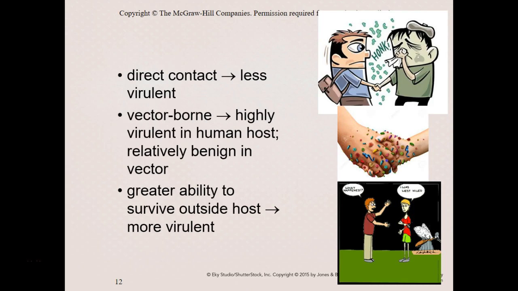Vector-borne is going to be associated with more virulent pathogens that can cause more harm to the host. Any type of organism that can survive outside of the host for a long period of time is going to be considered more virulent than other species.